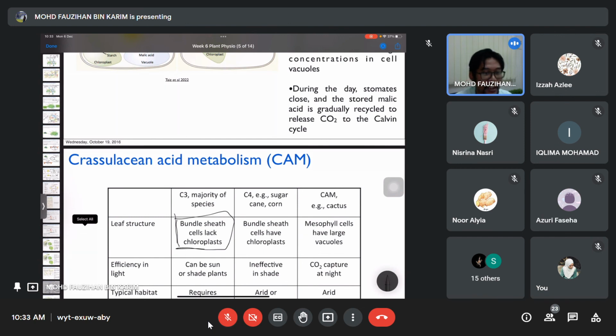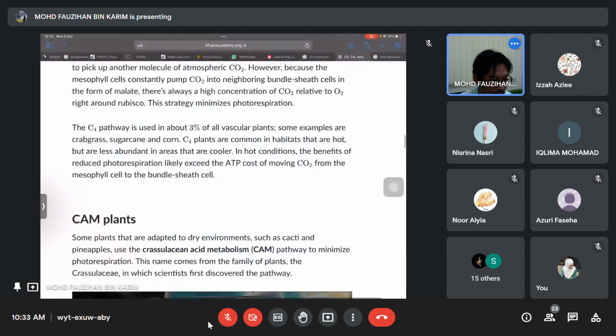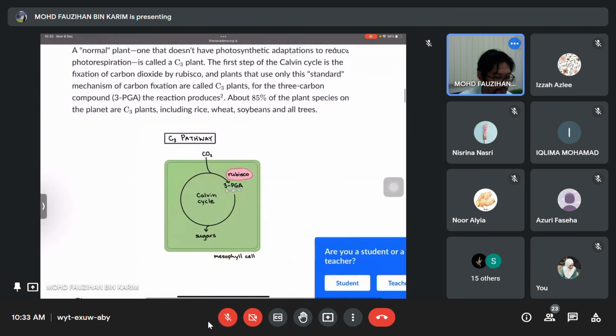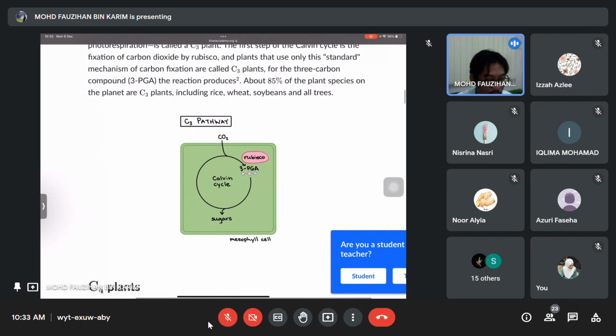But scientists, for the diagrams, to facilitate and make it easier to explain, that's why they put it in here. Only this one, because the Calvin cycle happens here, right? The Calvin cycle happens here, because the chloroplast is very low in the bundle sheath.